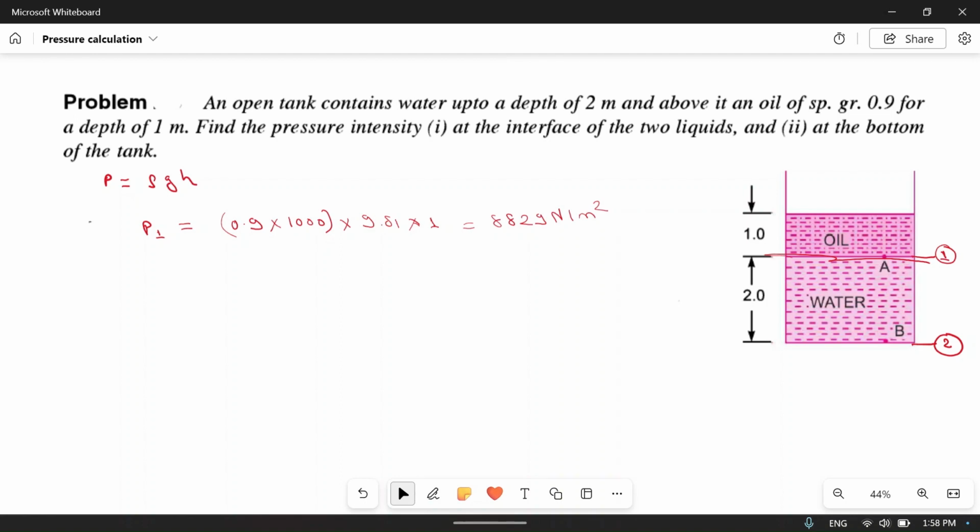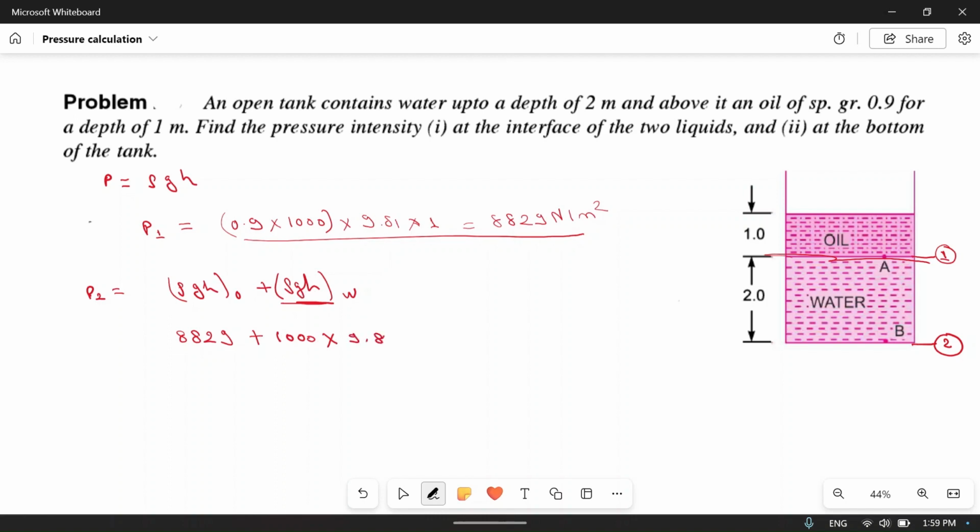Second, we have to find the pressure at the bottom of the tank. So at the bottom of the tank, at point 2, we will have pressure due to oil column plus water column both. So P2 will be rho g h for oil plus rho g h for water. The rho g h due to oil we have already calculated, which is 8829, plus that due to water column, which is density of water 1000 into acceleration due to gravity 9.81 into height 2 meter.